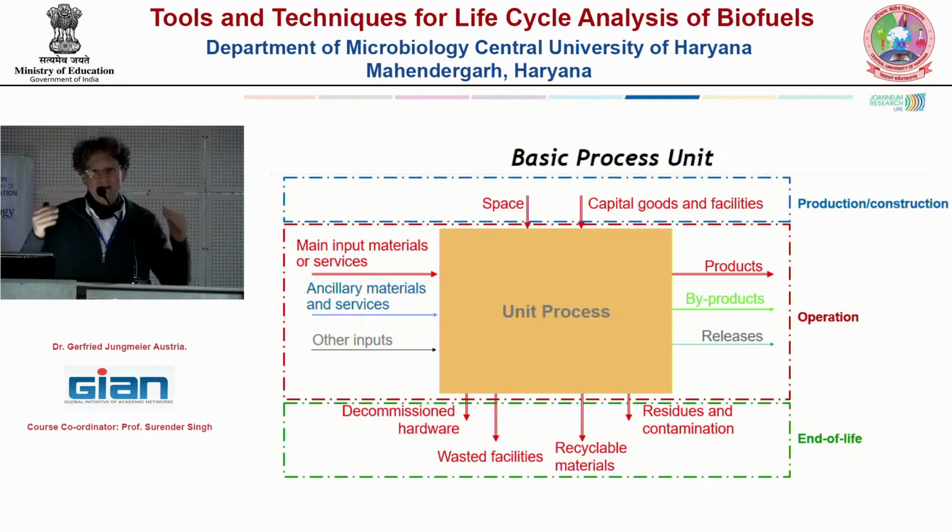So for each of these unit processes, you have to think about producing the facility, operating the facility, and dismantling the facility. And this is the key part of this inventory analysis.